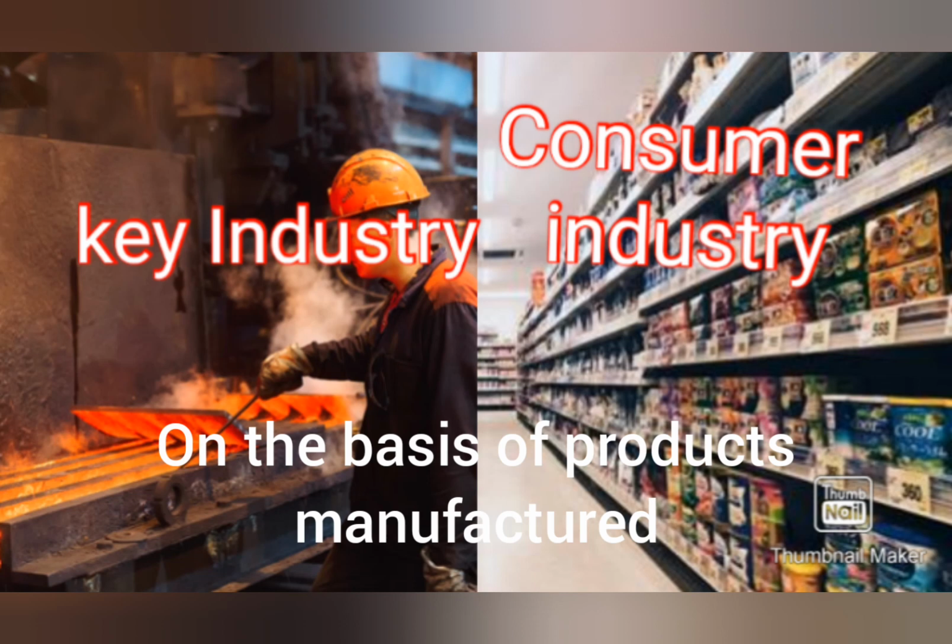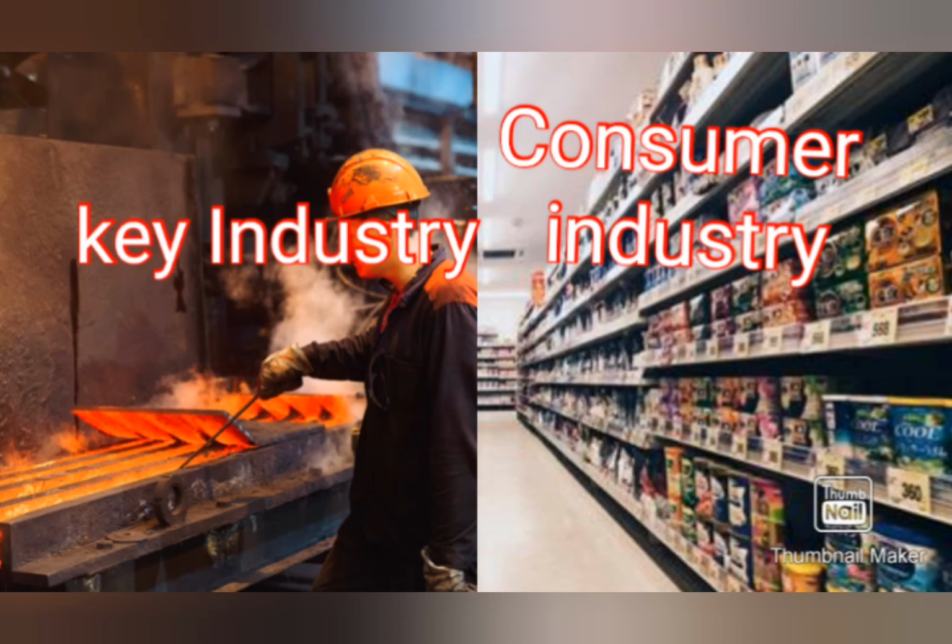So, industries which are very important and produce raw materials for other industries are called basic or key industries. Other industries are dependent upon these basic or key industries, so the products which they manufacture are used as a raw material for other industries, like the iron and steel industry.